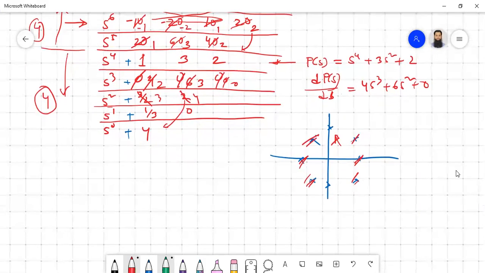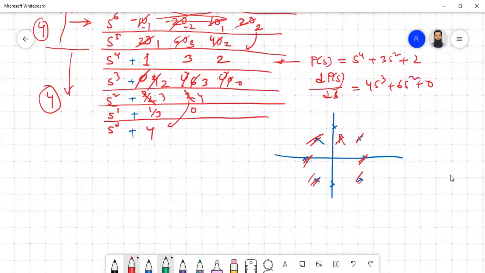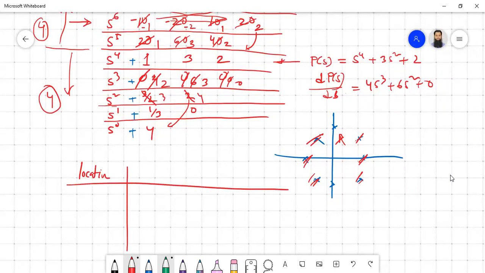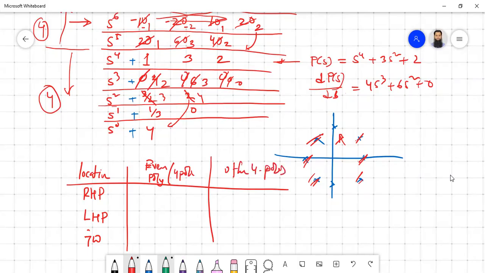Okay, so we are just analyzing. So we have to form a table. So location. Okay, location is right half plane, left half plane, and j omega axis. Okay. And even polynomial, 4 poles, and other 4 poles.